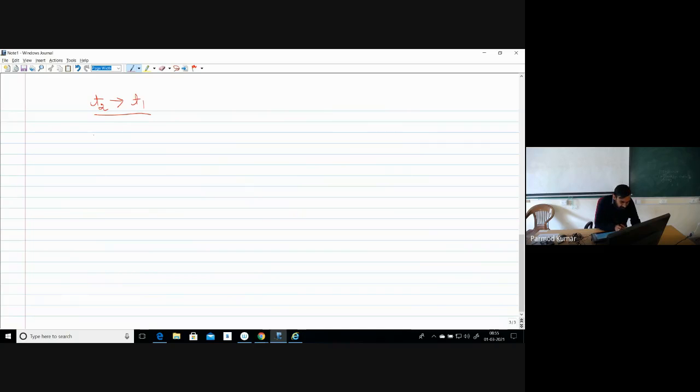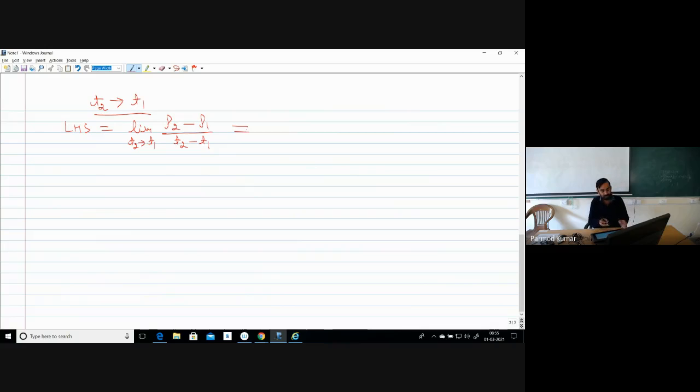So for the left hand side, I can write limit T2 approaches T1 of (rho 2 minus rho 1) divided by (T2 minus T1).